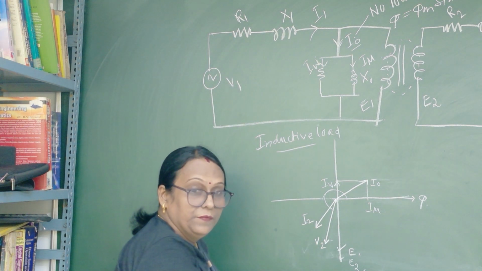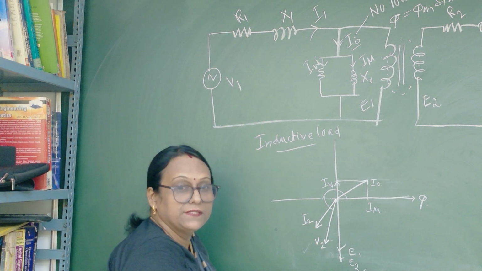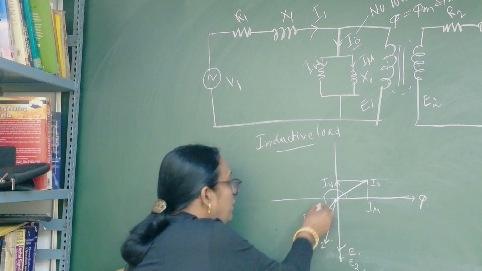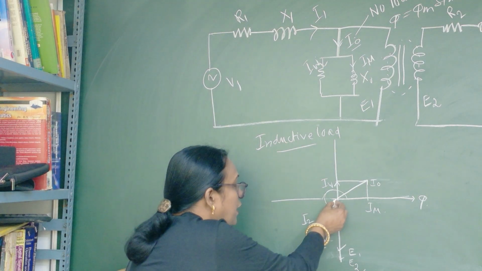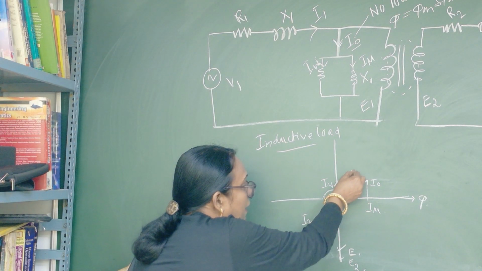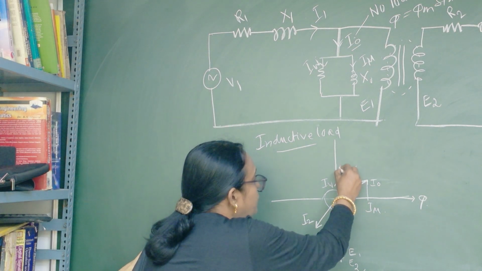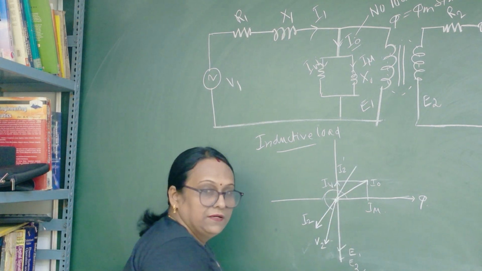Now you draw the reflected value of the secondary current on the primary side. So just project this I2 current to the primary side. This is the primary side, this is the secondary side. This is I2 dash.